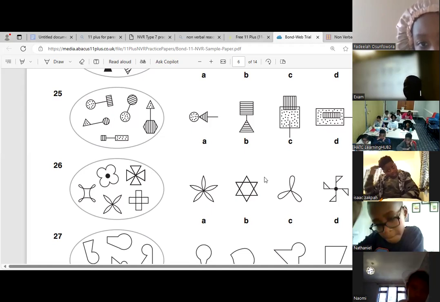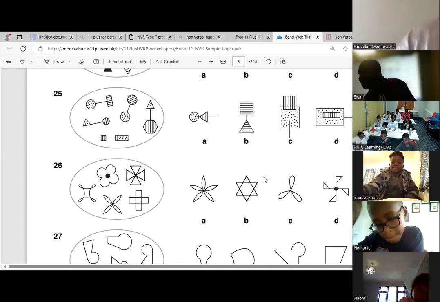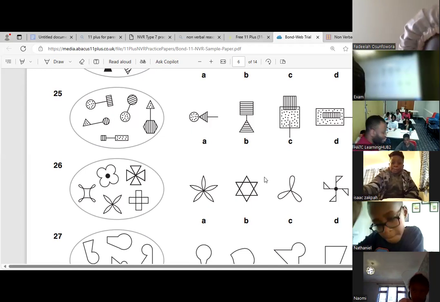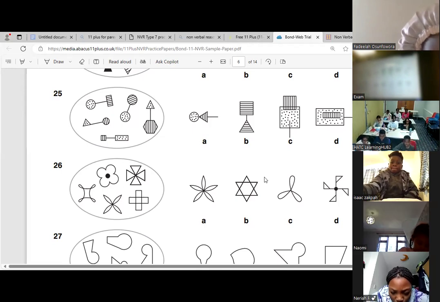Let's be quick, guys. Don't forget, think about what they have in common. Look at the shapes and what they have in common. You don't need to write it. If you finish, double check your work, please. Once you've written your answer, cover it up so that someone else doesn't look at it. Does that make sense to you?